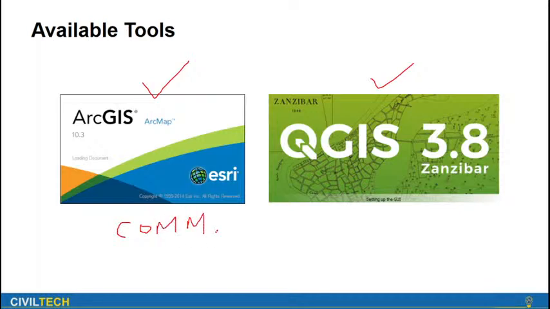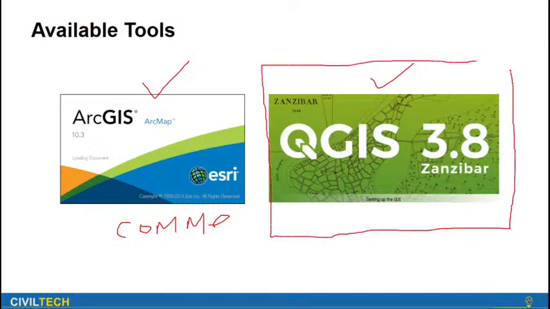You need to pay nearly 4-5 lakhs to get the license, and QGIS is open source, so you can just download it and start using. But trust me, the functionalities are more or less similar, so you can do each of the examples we have discussed so far using QGIS very easily. But you need to spend a little time to understand how the software works. You need to know where you get the data from.